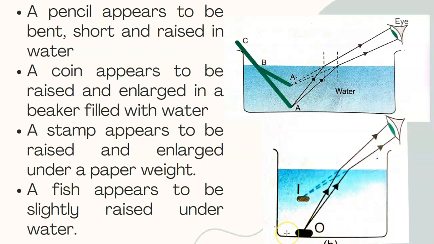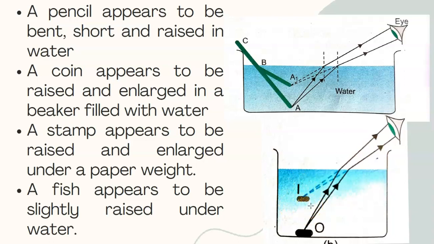This is the object, a coin which is placed deep inside water at the bottom of the beaker. But since refraction of light is taking place, we are able to observe the image of the coin at point I. This I is the apparent position or apparent depth of the coin.